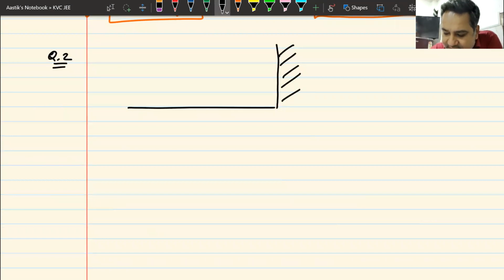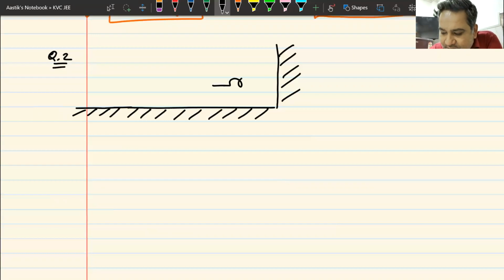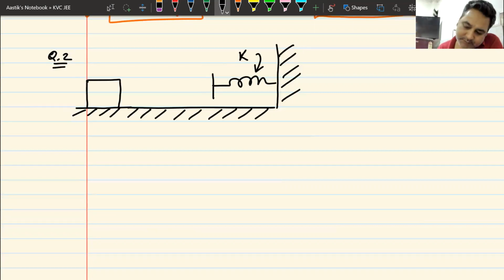I have a frictionless track which I am drawing now. This is my frictionless track. Now at the end of this frictionless track, I have a spring attached whose spring constant is K. I have a block of mass m moving with a velocity v.